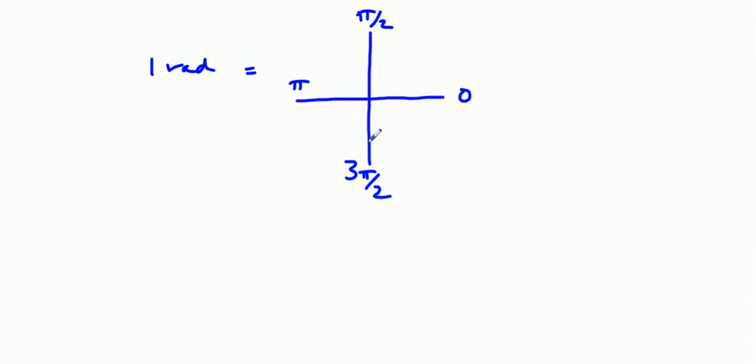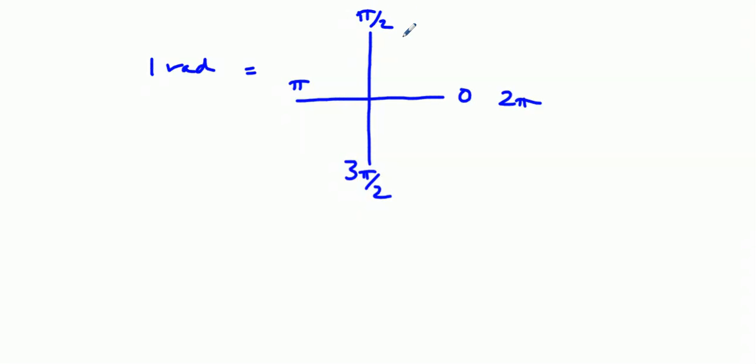If we think about the circle, this is 0 radians, this is pi by 2 radians, this is pi, this is 3 pi by 2, and then onward to 2 pi. If we took pi by 2 and put in 3.14 divided by 2, that's going to be greater than 1.